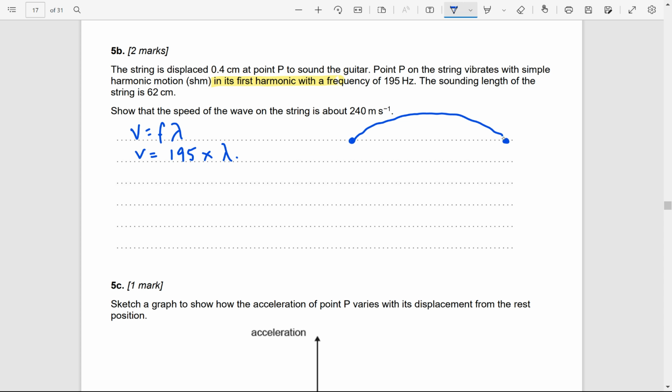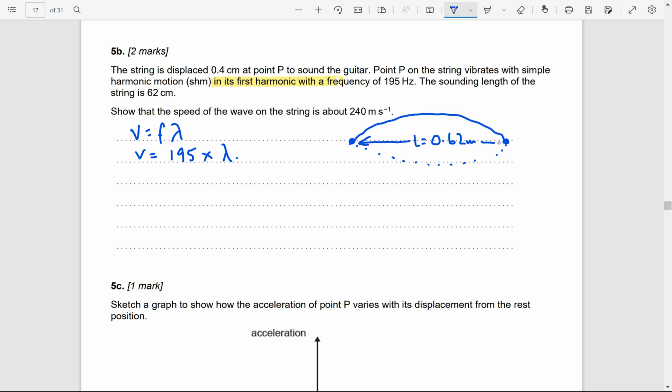So it's in its first harmonic, and the first harmonic looks like this. These are patterns you need to know. So the string is a length here. The length is 0.62 meters. I'm going to convert to meters.